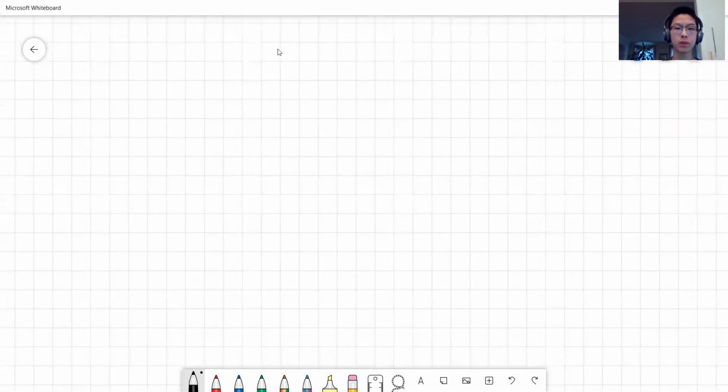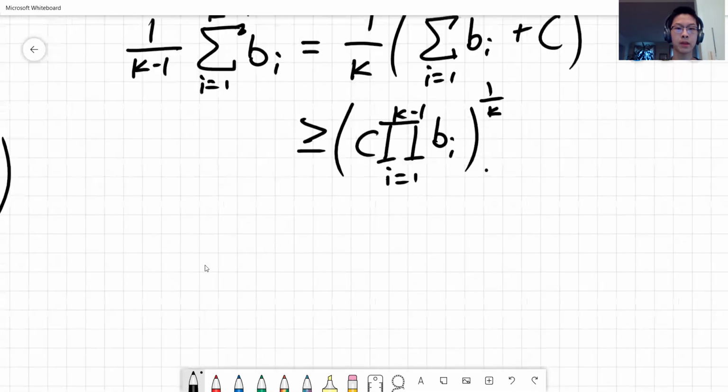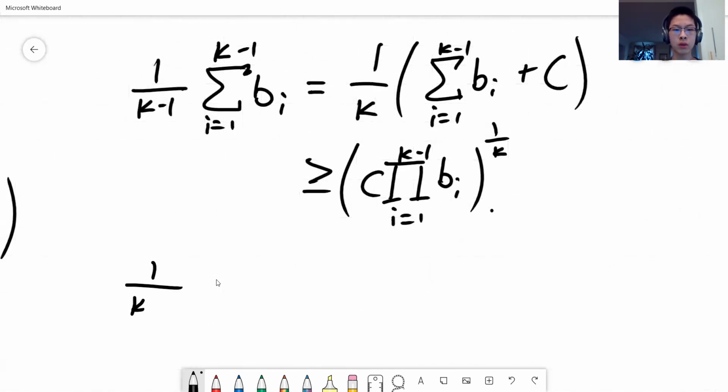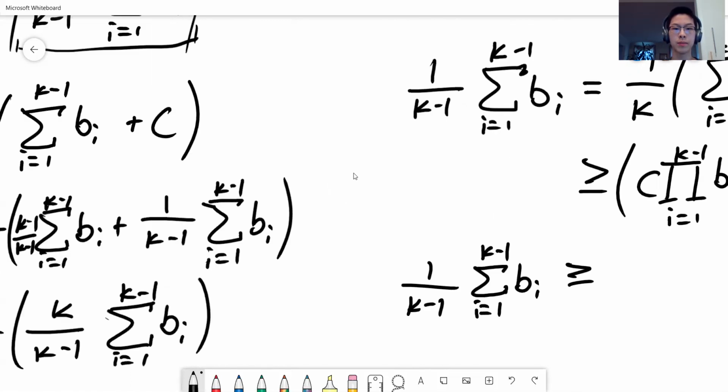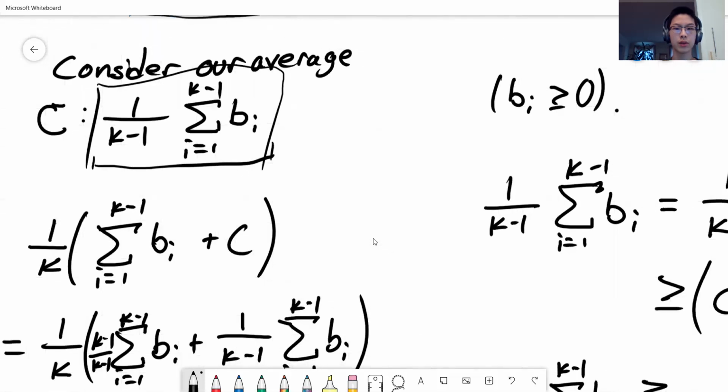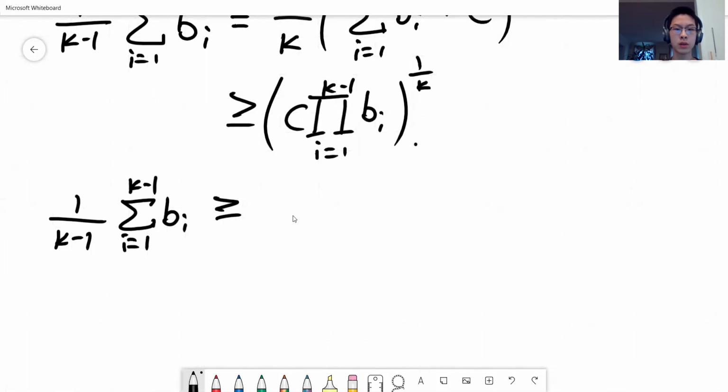So we have 1 over k minus 1 times the sum of the bi's is greater than or equal to C, which is the sum over here, which is actually just the same thing, from i equals 1 to k minus 1 of b sub i.